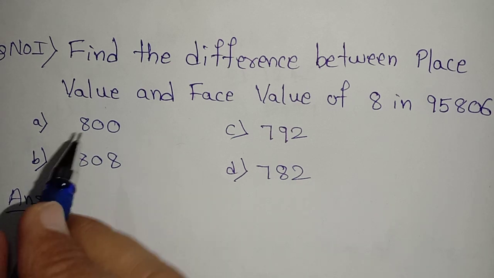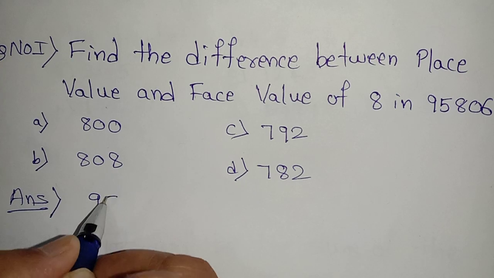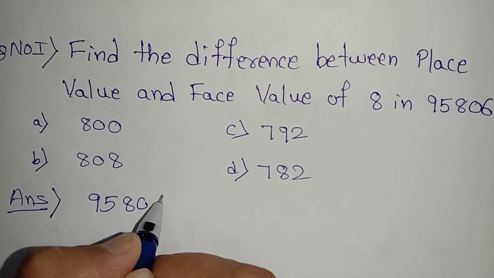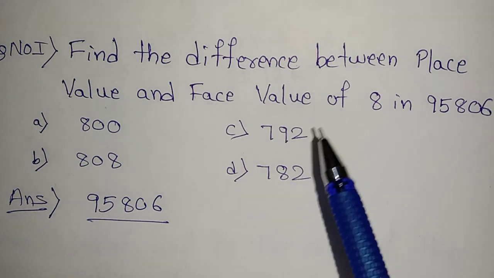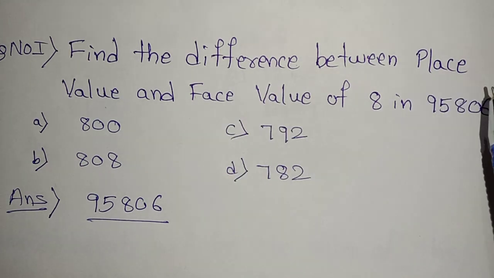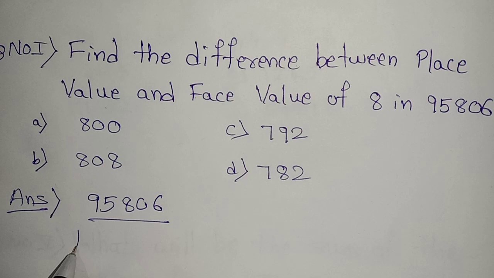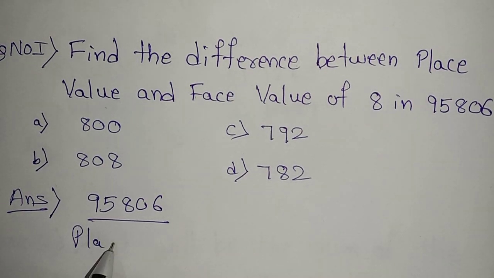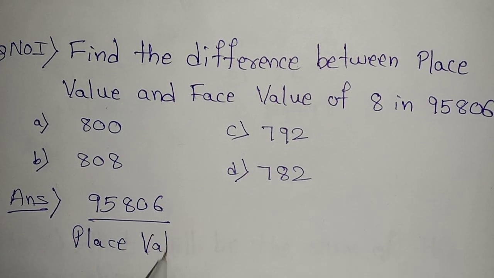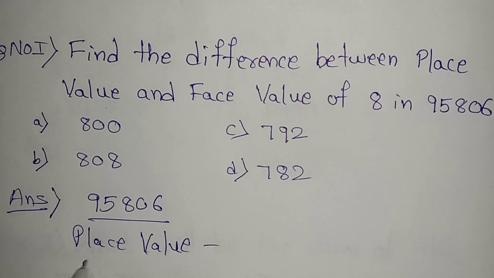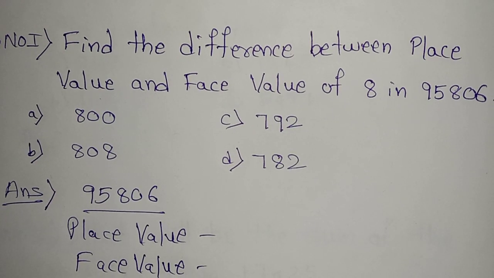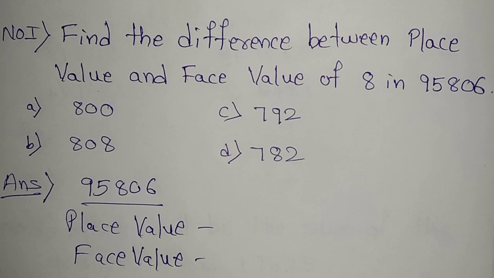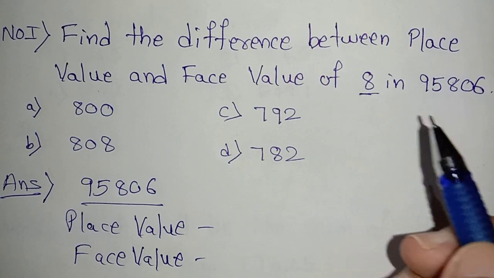So the question is 95,806. You have to write this in rough. And what we have to do is find the difference between the place value and face value. First write place value, and the next one is face value, of which number? 8.